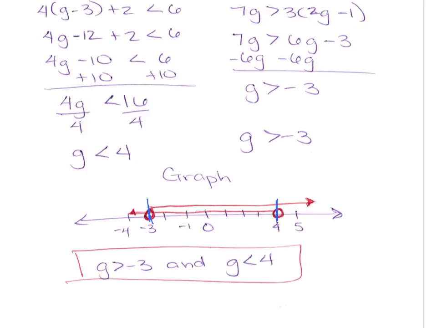So that means your solution would be those two right there. You're going to have G greater than negative 3 and G less than 4. That's this area right here. That's how you represent that area when you're writing it in notation.